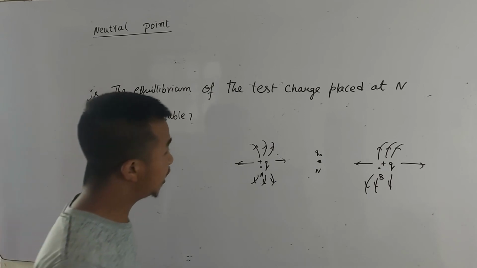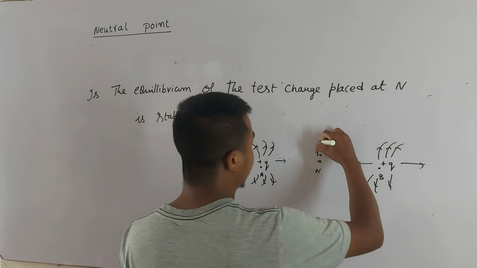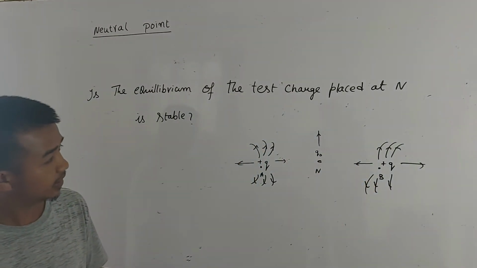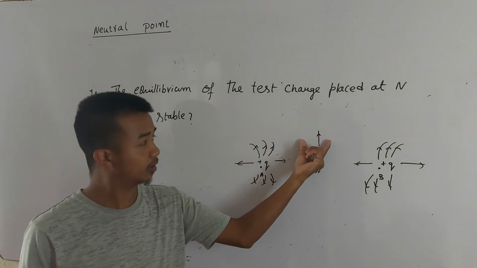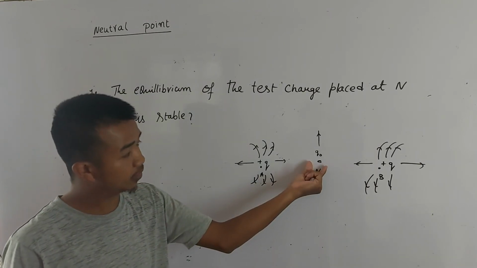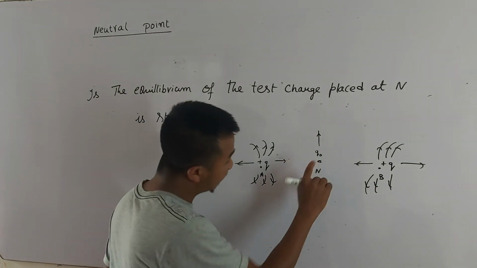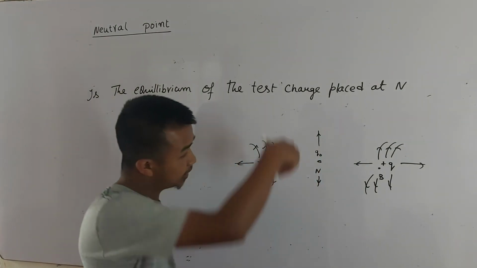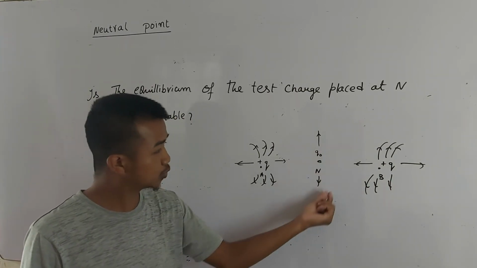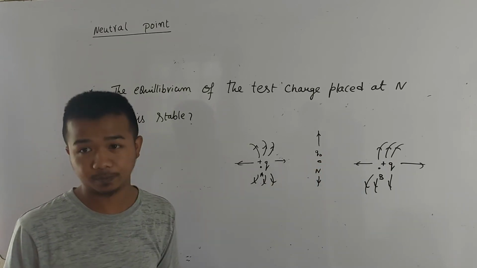However, if we move this test charge a little bit above, it will experience a force, and that force will take Q0 away from N. And if we move the test charge a little bit downward, it will experience a force, and that force will take the test charge away from this point.